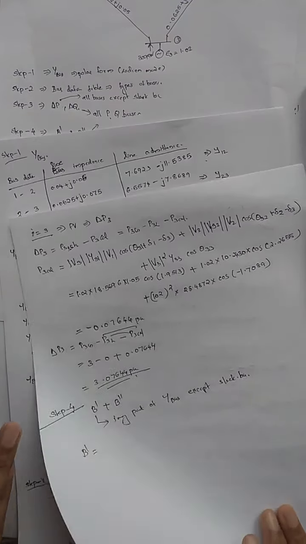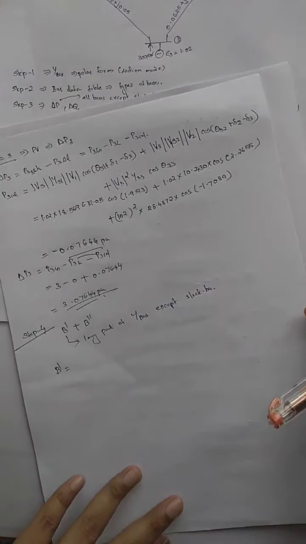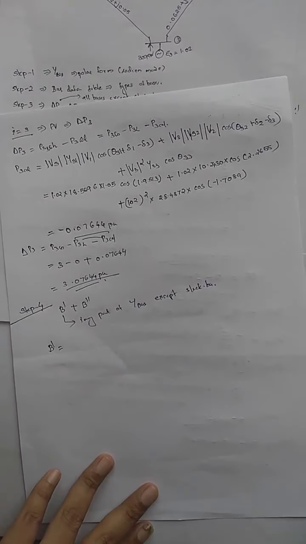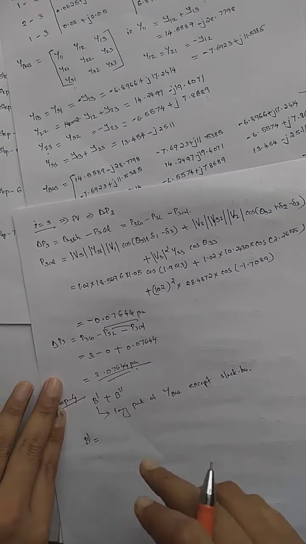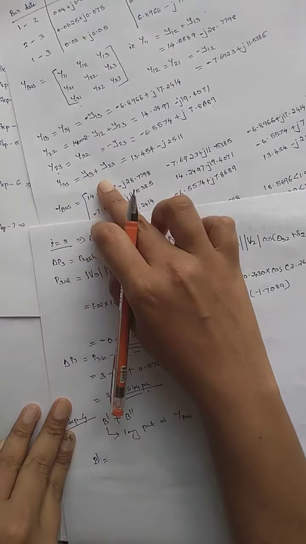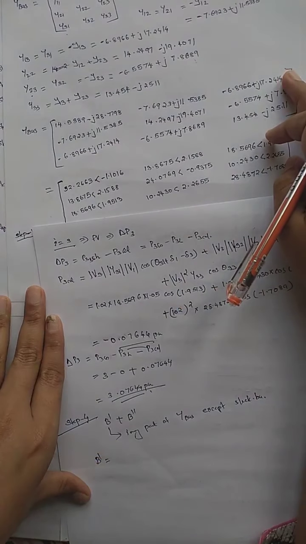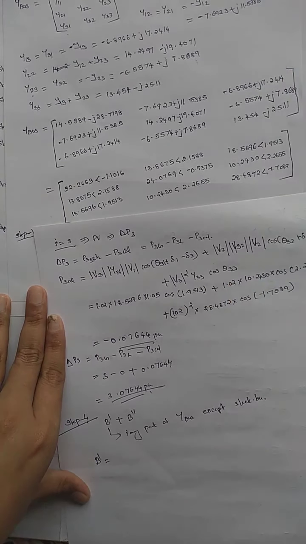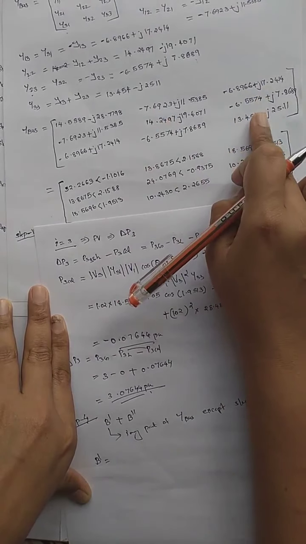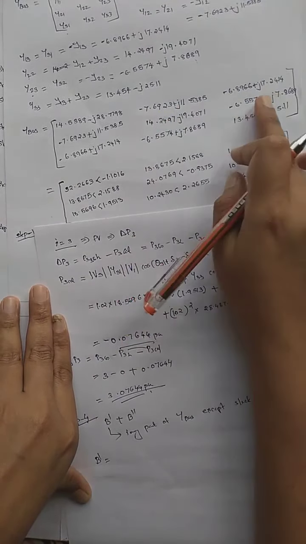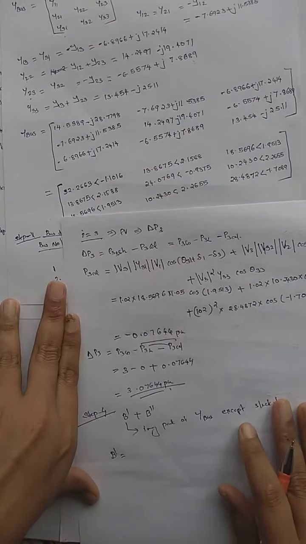I am taking my Y bus and the imaginary part of the Y bus except the slack bus. So we have to avoid this row and this column, and finally take the B bus. Here these 4 elements will be there, and we take the imaginary part.